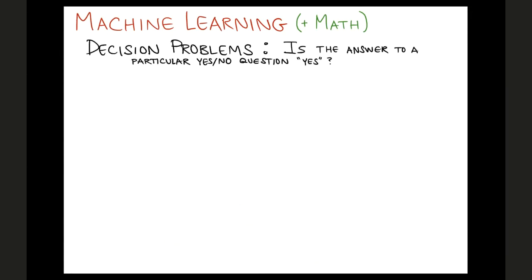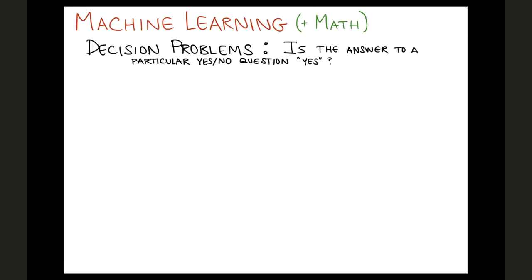The kind of real world question that you might try to answer using this type of model is a decision problem. The idea would be you have some Euclidean space whose points you're thinking of as being the points for some problem. Say each of the points represents some email based on some data you've collected, and the question that you're trying to answer is: is this email spam or not? Yes or no?